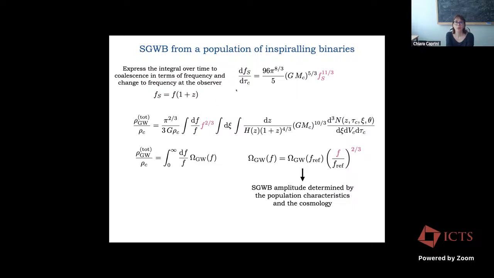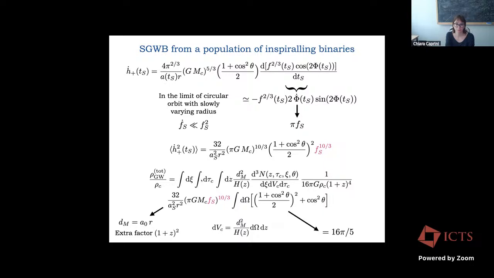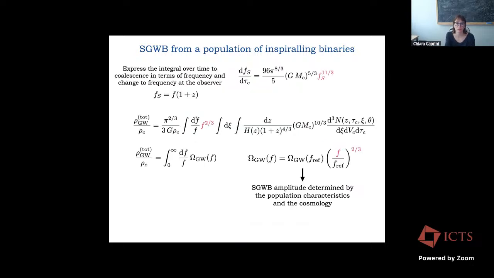And now if you combine, you get from this change of variable an f to the minus 11 thirds, okay, that gets combined with this f to the 10 thirds and makes a minus 1/3, and then you want to write it per logarithmic unit of frequency and you get a 2/3.